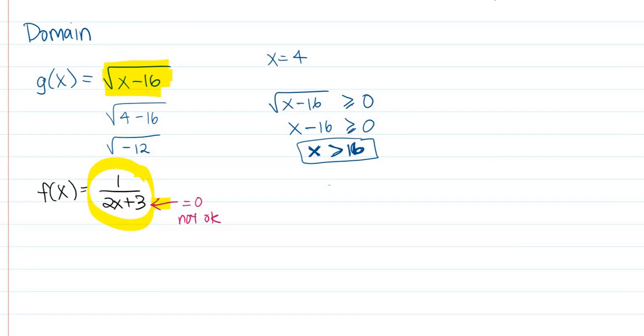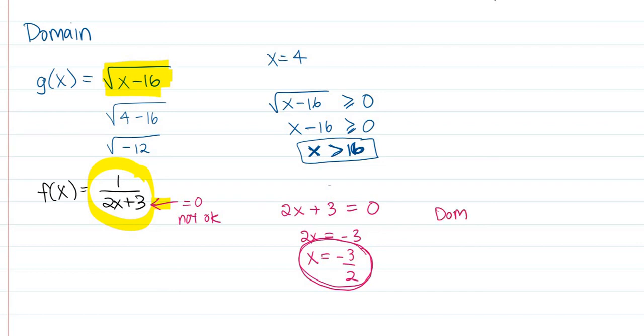So we can just take that denominator part, 2x plus 3, set it equal to 0, and solve. We'd have 2x equals negative 3, and x equals negative 3 over 2. If this value was our input, then we would have an undefined output. Therefore, for our domain, we're going to have to restrict that.